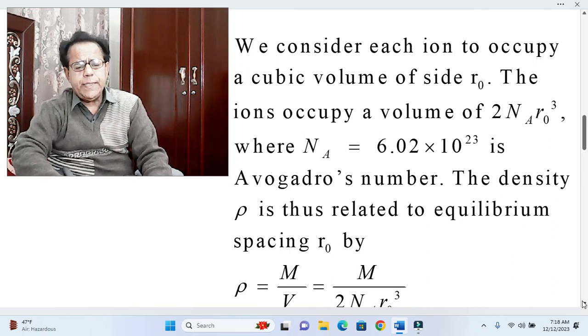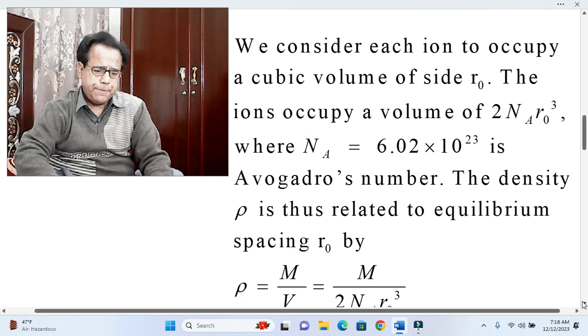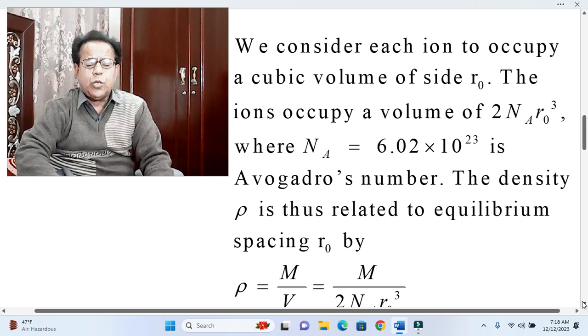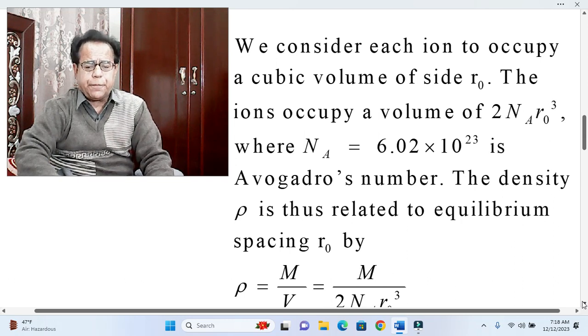We consider each ion to occupy a cubic volume of side R naught. We have made this assumption.